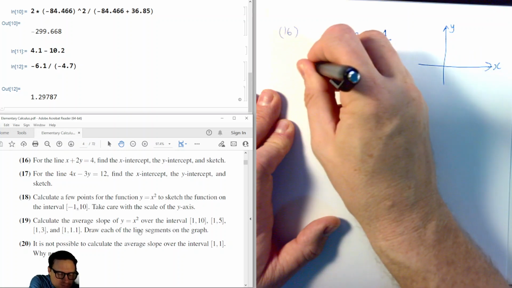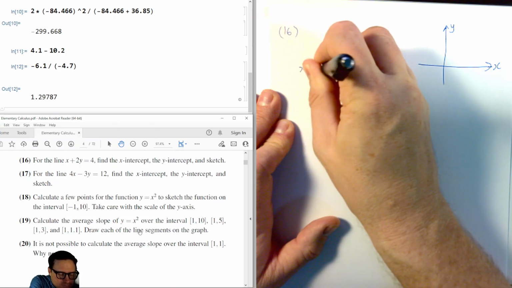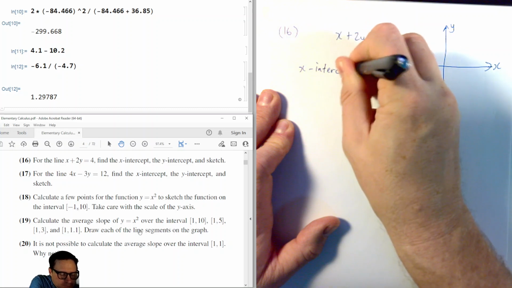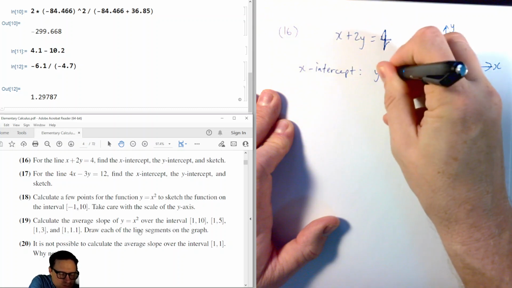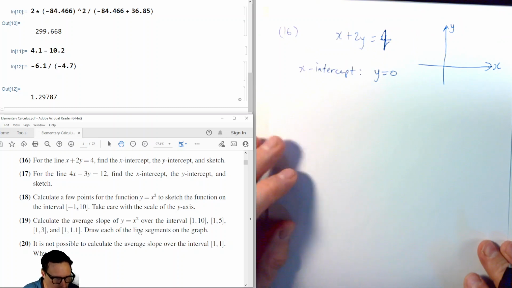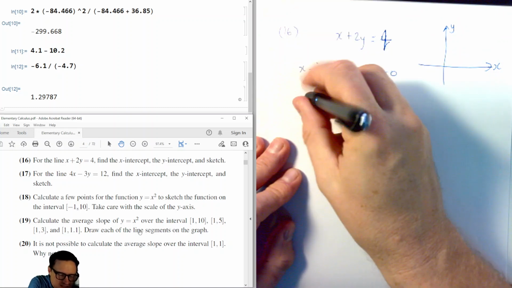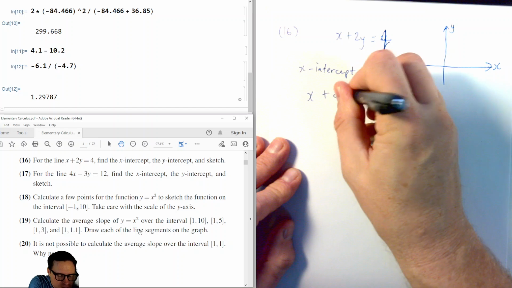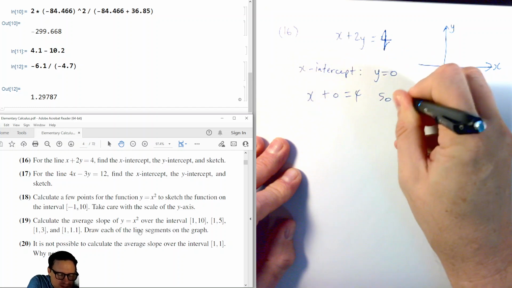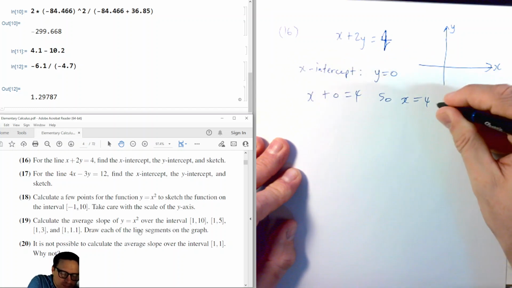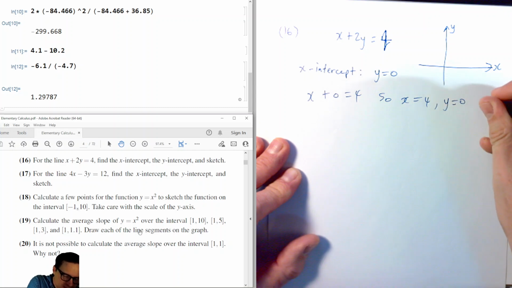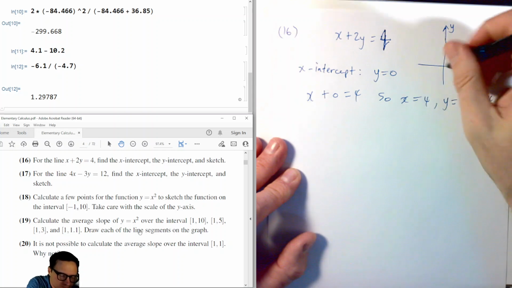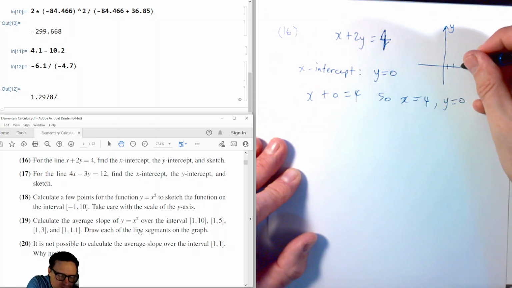So when we sub y equals 0 into this, we get x plus 0 is equal to 4. So x is equal to 4 and y is equal to 0. So this gives us the point (4, 0). So let's find that. 1, 2, 3, 4, 0. So here.